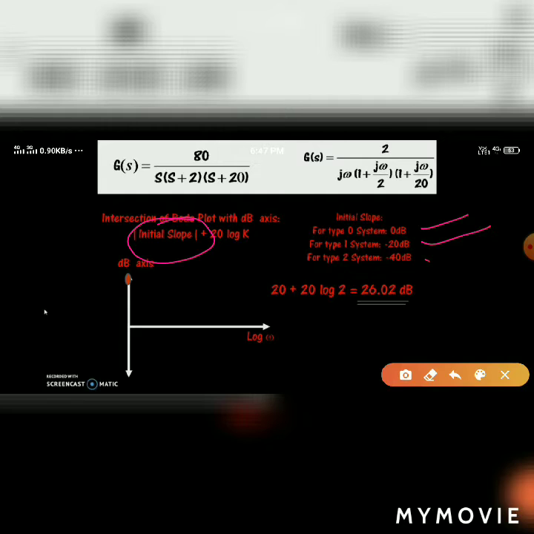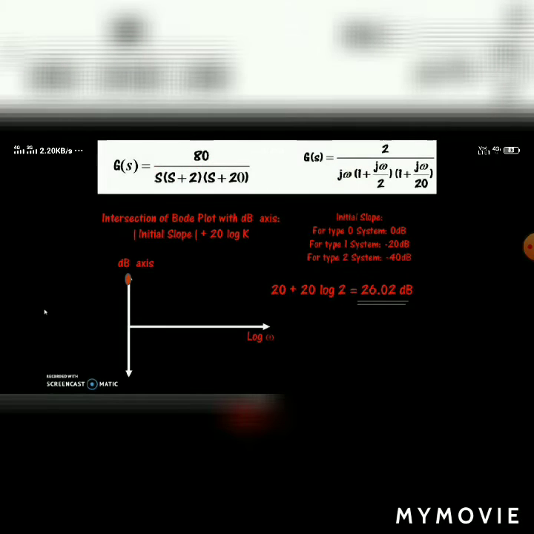Initial slope means whether we have type 0, type 1 or type 2; how to identify that? Type 0 means you don't have any s term, that is a type 0 system. Type 1 means you have an s term, as you can see here. Type 2 means s square, like that.